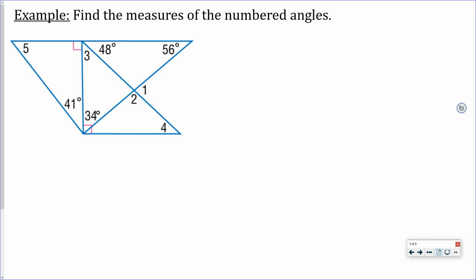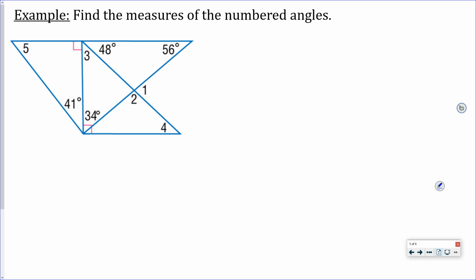Here we go. One more minute. Alrighty, let's do this.